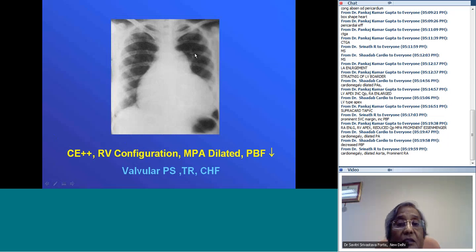So this is a very, very typical X-ray of critical PS showing cardiomegaly, RV configuration of the heart, and enlarged main pulmonary artery with marked decreased pulmonary blood flow. And the patient is blue because there is decreased pulmonary blood flow. The shunting is mostly at the right side, at the atrial level.